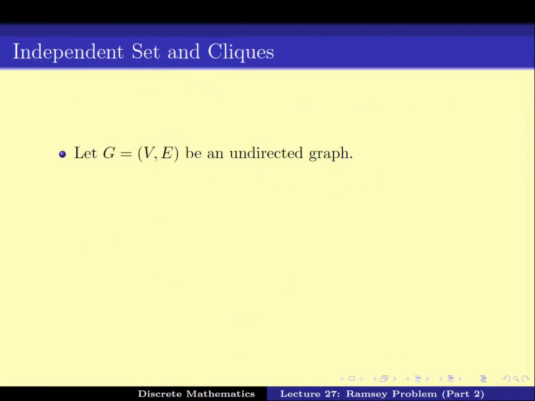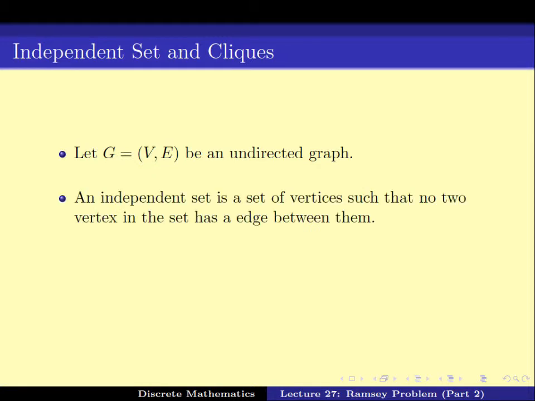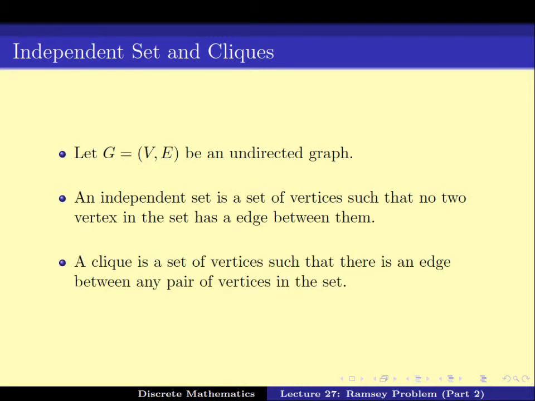In the last video, we also looked at some other definitions in graph theory. In particular, we looked at the independent set and clique. So what is an independent set? An independent set is a set of vertices such that no two vertices in this set have an edge between them. And a clique is just the opposite of it. Namely, a clique is a set of vertices such that between any pair in this set there is an edge.